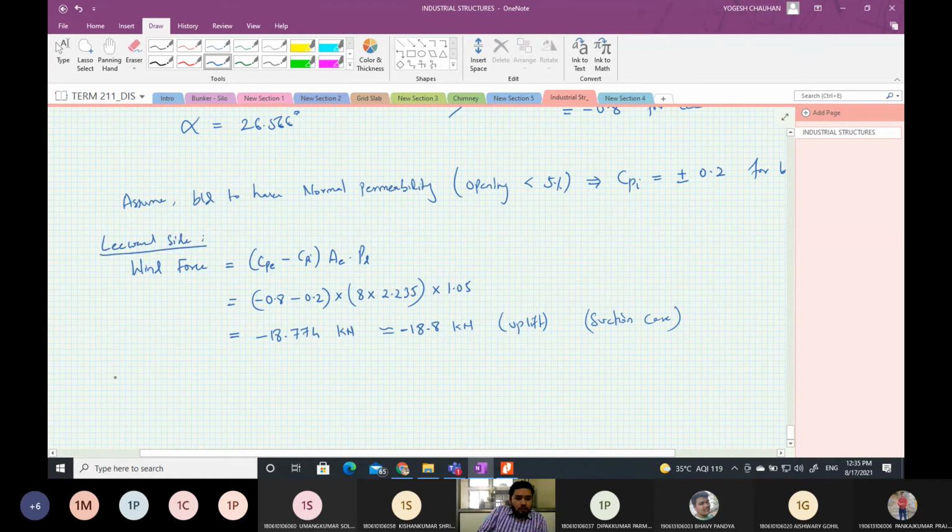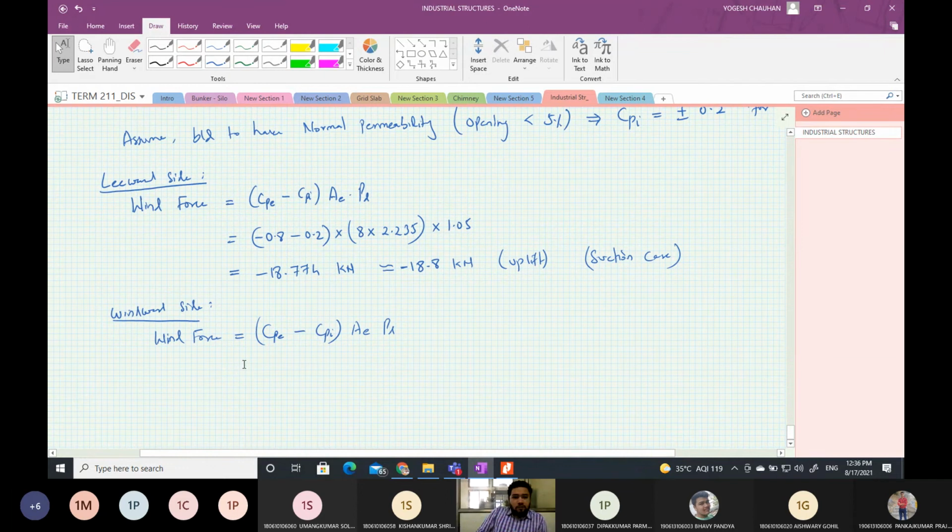Similarly, on the windward side, the wind force will be (CPE minus CPI) AE PD.